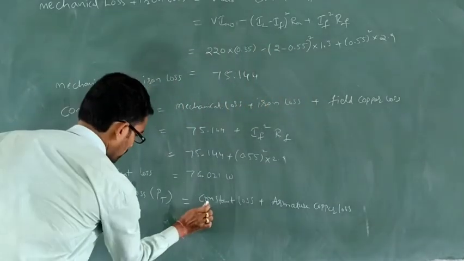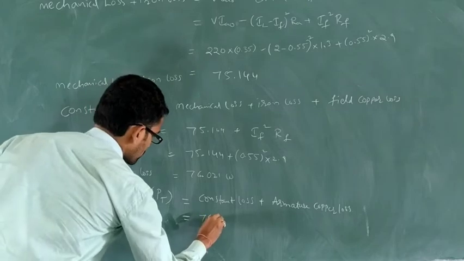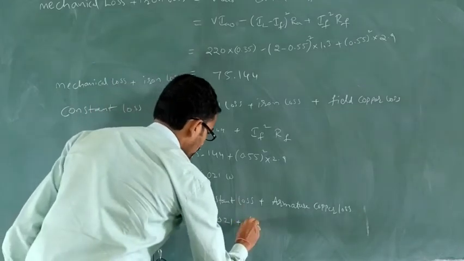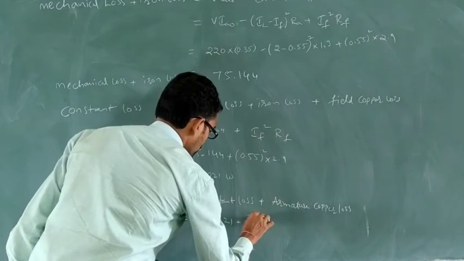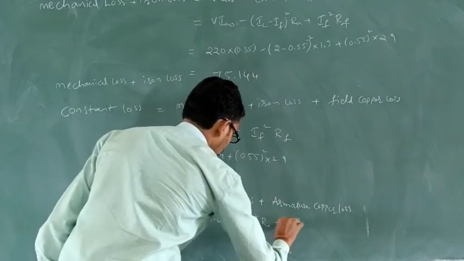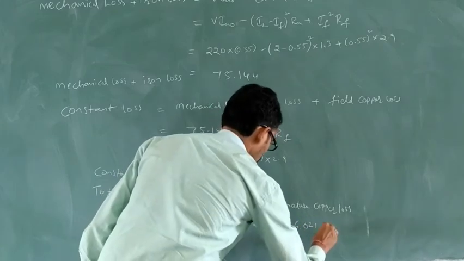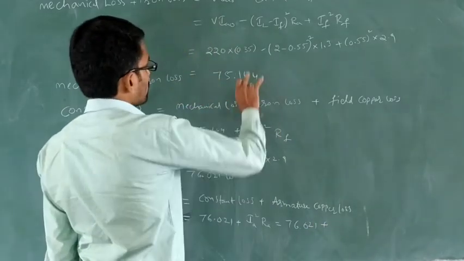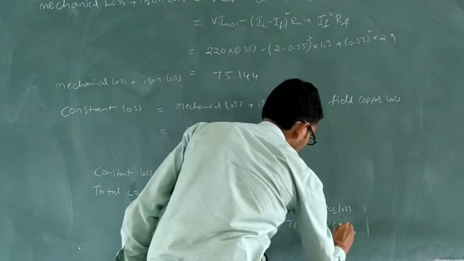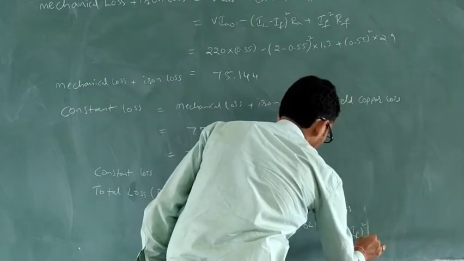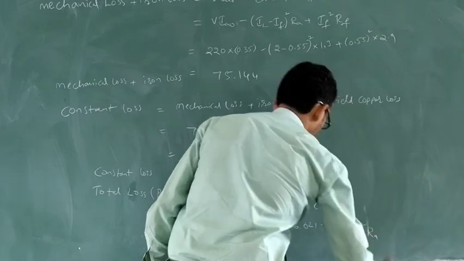So constant loss is 76.021 plus armature copper loss, which is Ia square Ra, so that is 76.021 plus Ia, which is IL minus If, whole square into Ra.